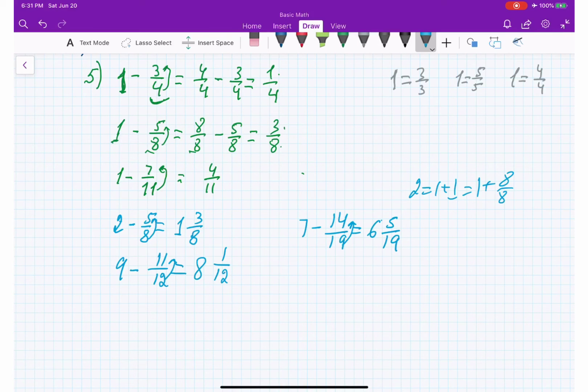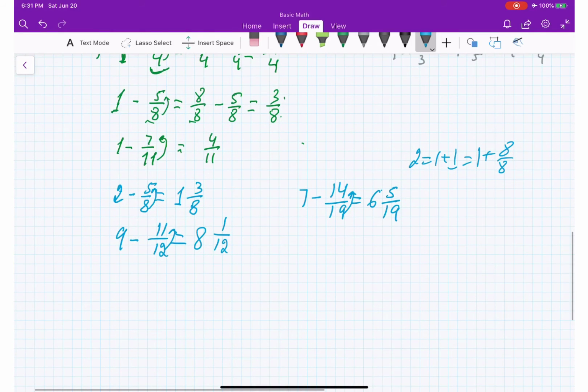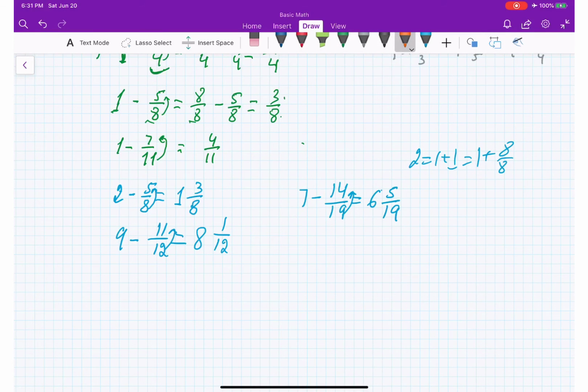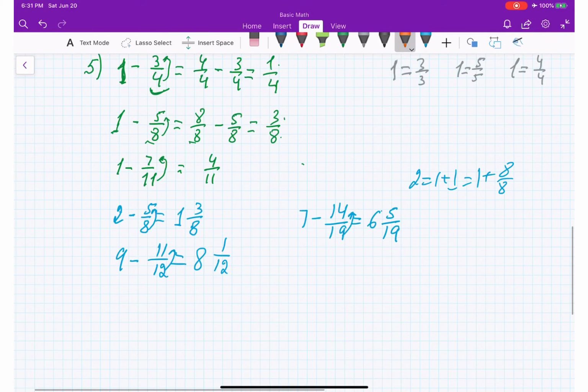So next, we are doing this one. Let's say 8 and 3 over 11 minus 4.